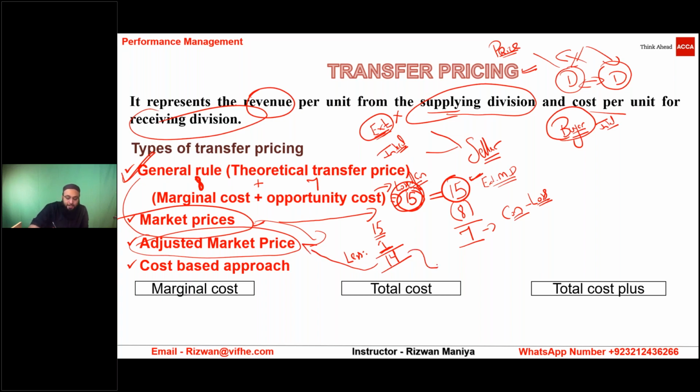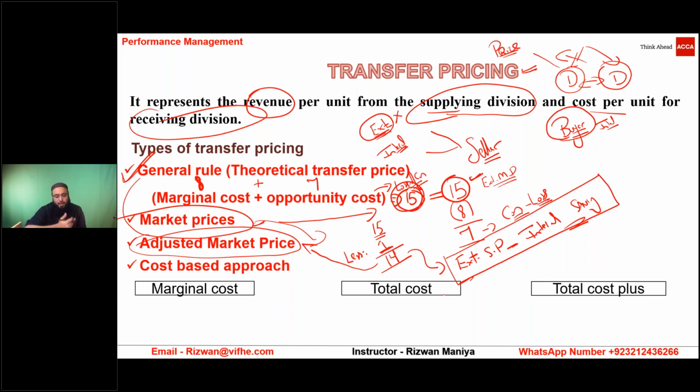Or I can even say this as well: external selling price minus internal saving. This is also fine. So you can call this adjusted market price, or you can call this external selling price minus internal saving.